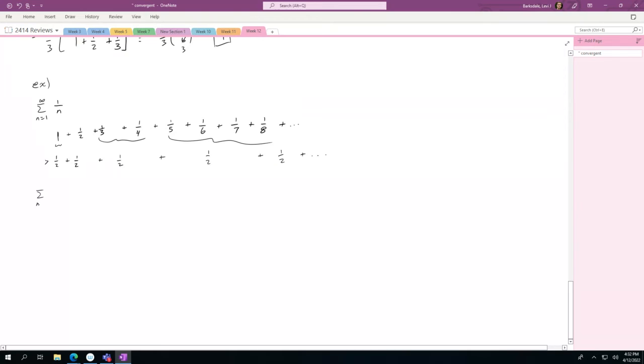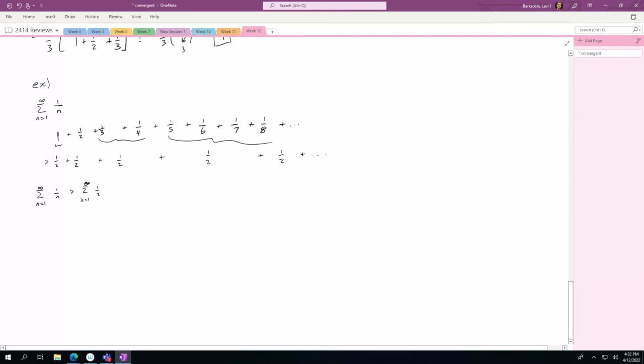Which means that the sum from n equals 1 to infinity of 1 over n should be bigger than the sum from n equals 1 to infinity of just 1/2. Right? Because I just have 1/2, 1/2, 1/2, 1/2, adding them all up.